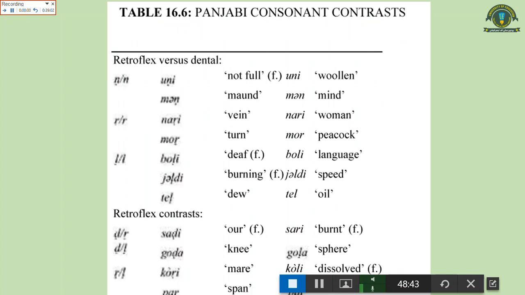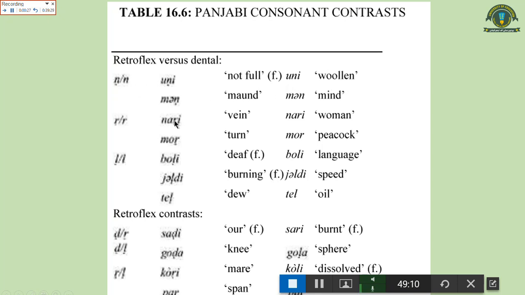Now here are the contrasts of Punjabi consonants. So now look at this, they are retroflex versus dental. Like look at it, it is uni and uni. Now these two na sounds are pronounced differently. Like when we say uni, which means not full, and uni, which means woolen.